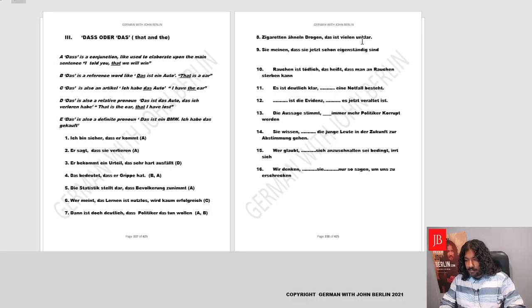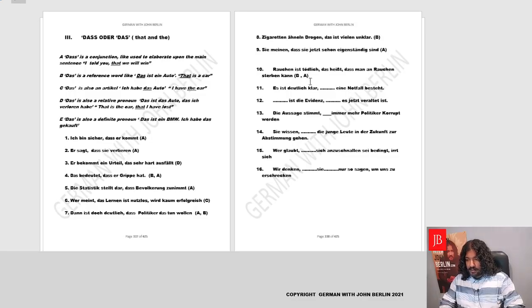And Zigaretten ähneln Drogen, das ist vielen unklar, that is B. We are just using a reference word, "das". Sie meinen, dass sie jetzt eigenständig sind. This is A. We are just elaborating on what they mean. And the last one here we did, Rauchen ist tödlich, das heißt, dass man an Rauchen sterben kann. "Das heißt" is B. And "dass man an Rauchen sterben kann" is A. So we write B, A.